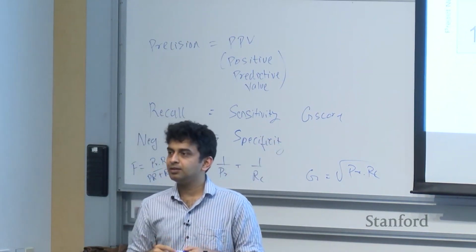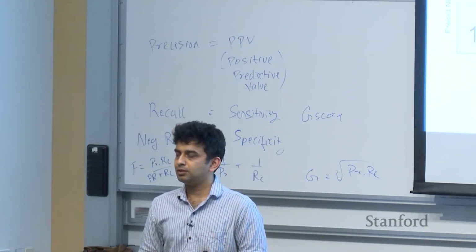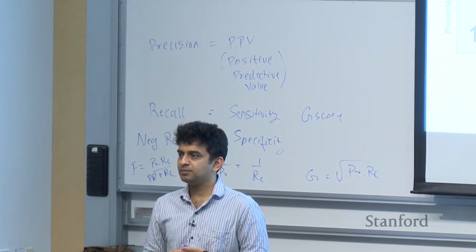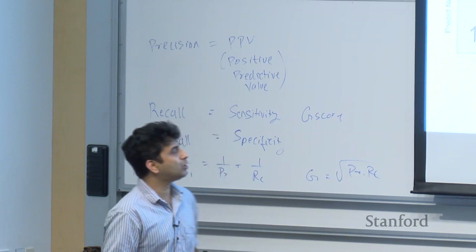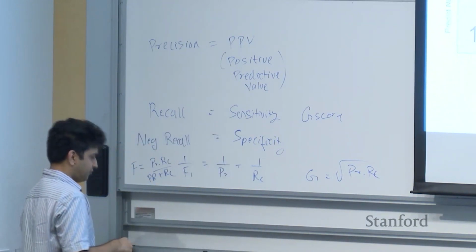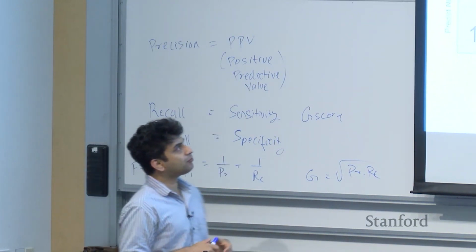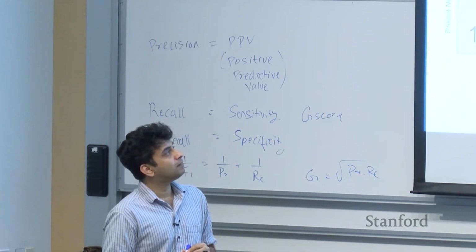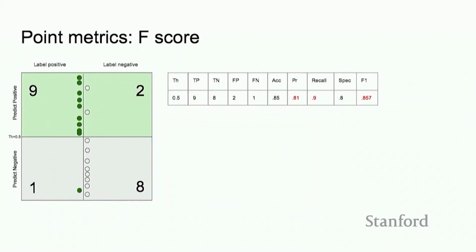Yes, question? When you look at these quantities, like F1 and G1, how do you make sense of what's happening with data? So what do these F scores and G scores represent? As we saw before, just looking at precision or just looking at recall is insufficient, because you can fool the model by having 100% recall by setting the threshold all the way to 0.